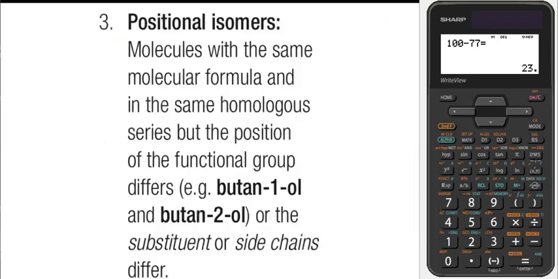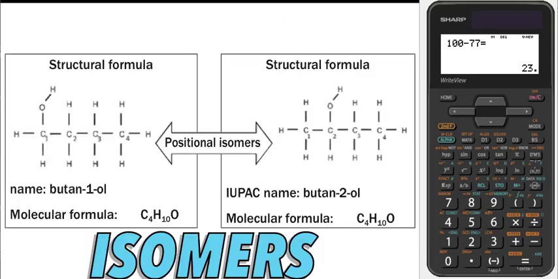All right. Then we're going to positional isomers. Remember when I said alcohol and carboxylic acid, those functional groups, you found them at the boundaries. Like I gave an example, you've got C, and it's not sandwiched.